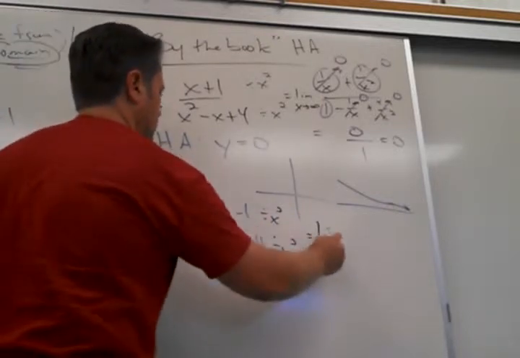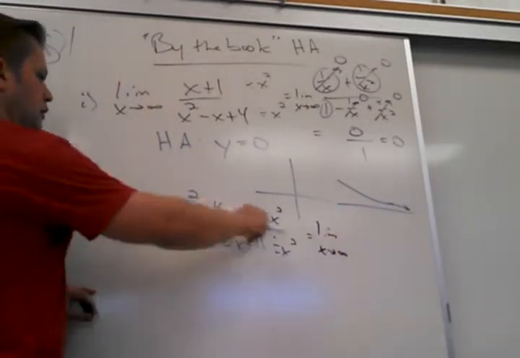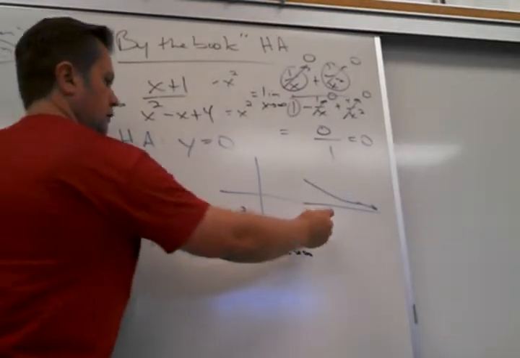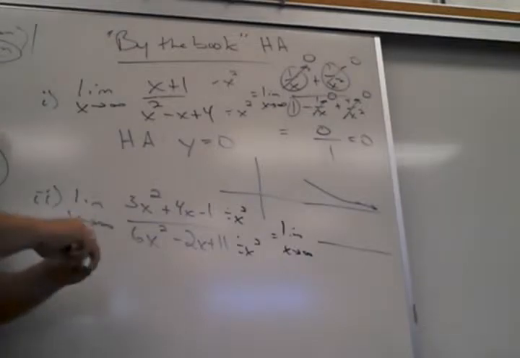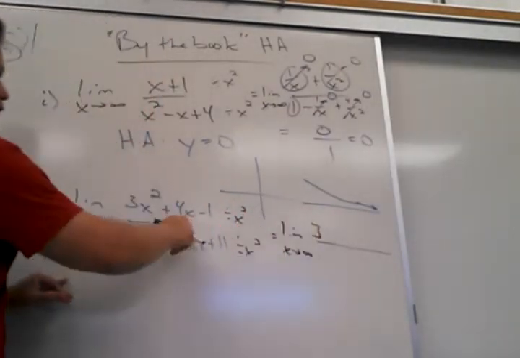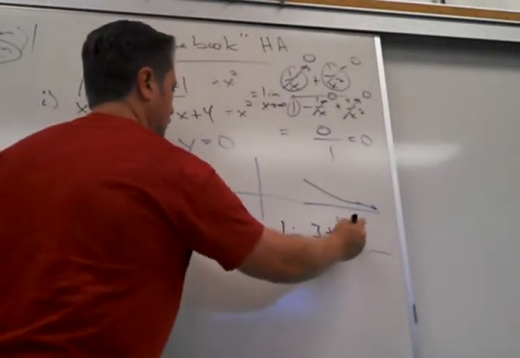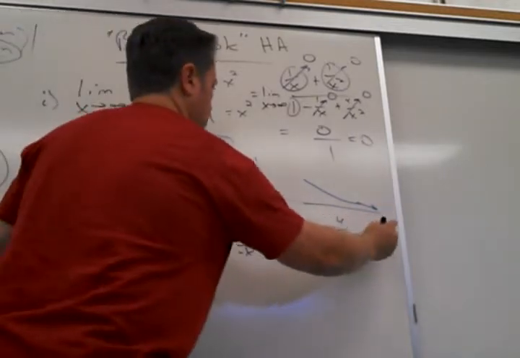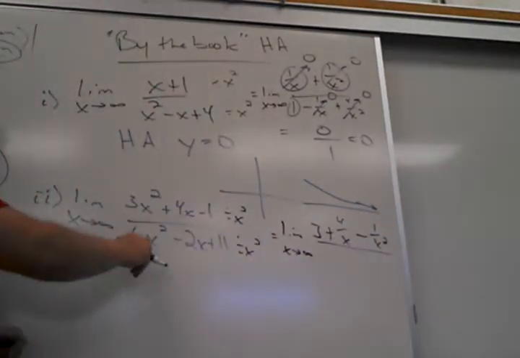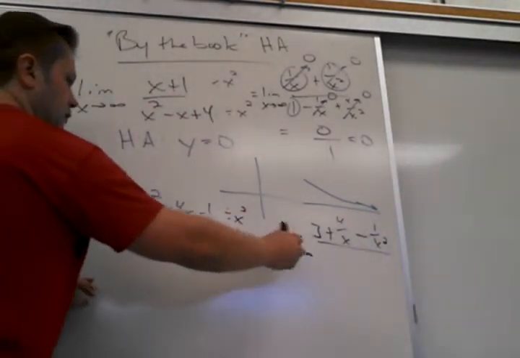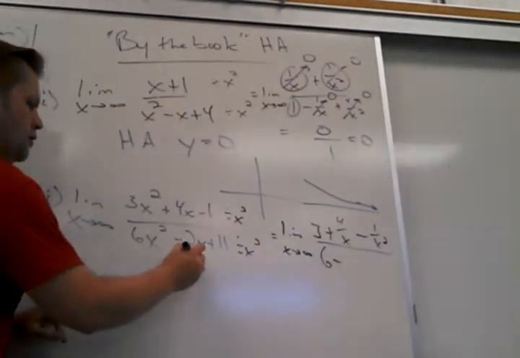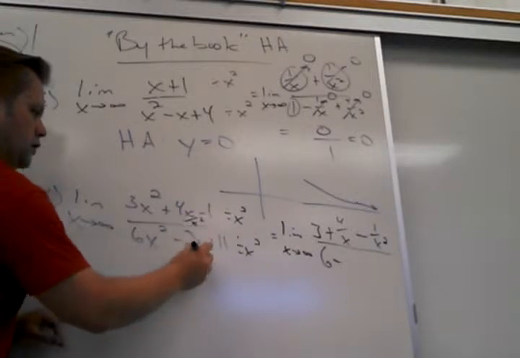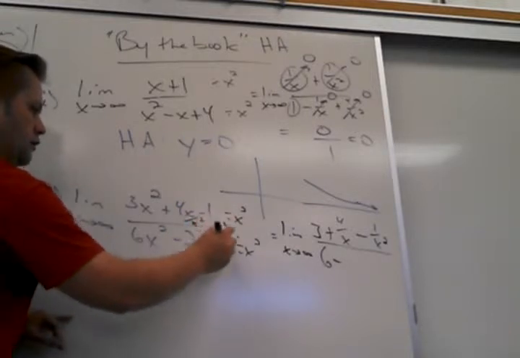So I'll get the limit. 3x squared divided by x squared is 3. 4x over x squared, I have an x left on the bottom. Minus 1 over x squared is that. 6x squared divided by x squared is 6. All I'm doing, if you need to, is putting everything over x squared.